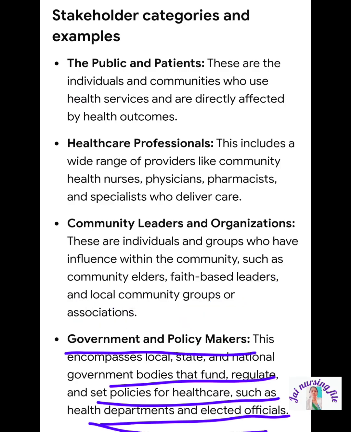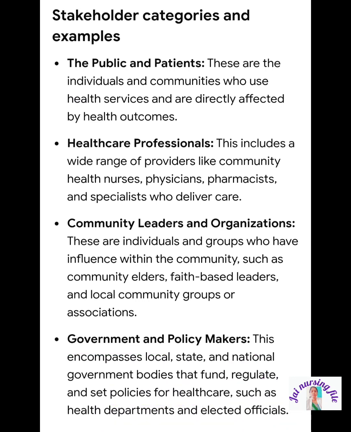And fourth one, government and policy makers. Here, local, state and national government bodies that fund, regulate and set policies for healthcare, such as the health department and elected officials. So patients, professionals, leaders and policymakers.